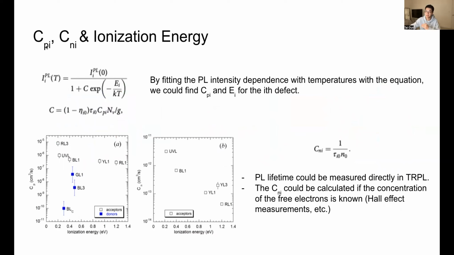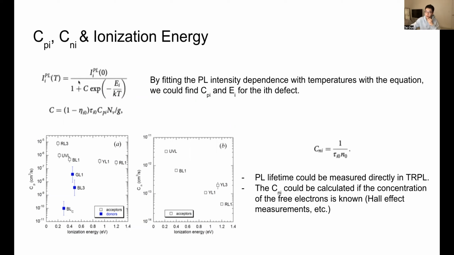For example, we could get the hole capture coefficient, the electron capture coefficient, and also the ionization energy about the defects. So the idea here is that we have the formula that is describing the photoluminescence intensity about a specific band as a function of the temperature.